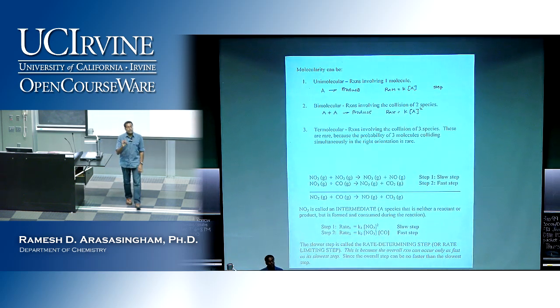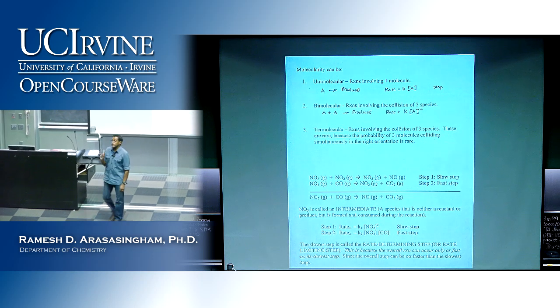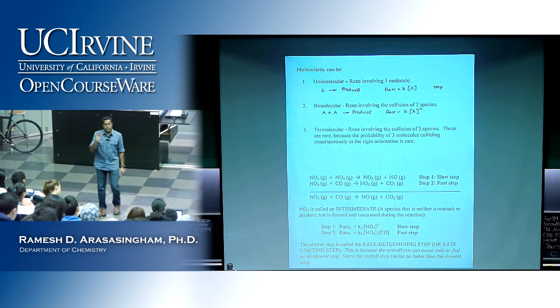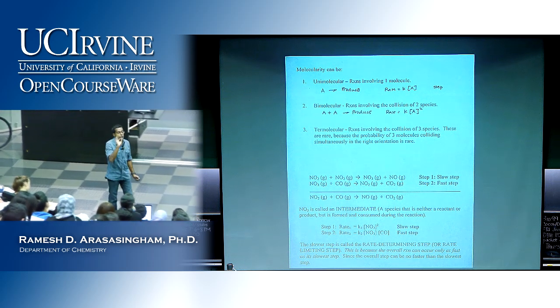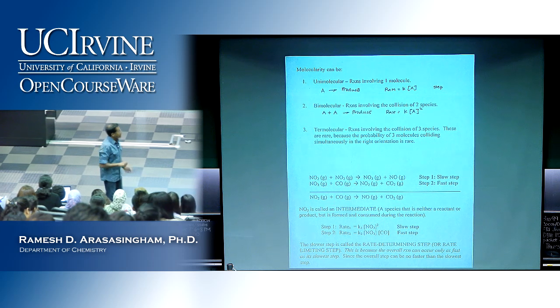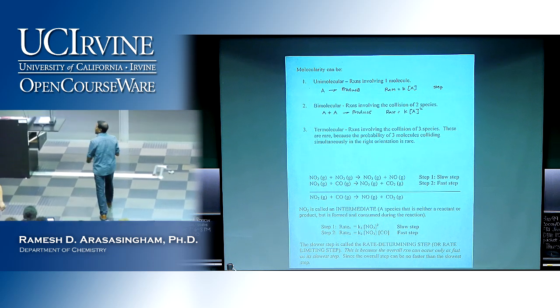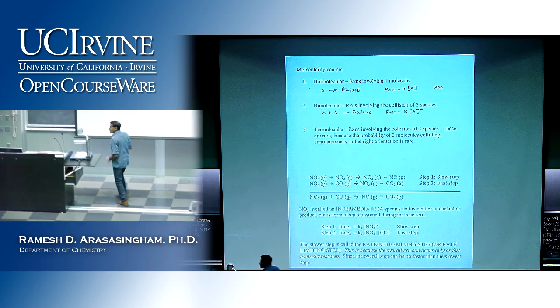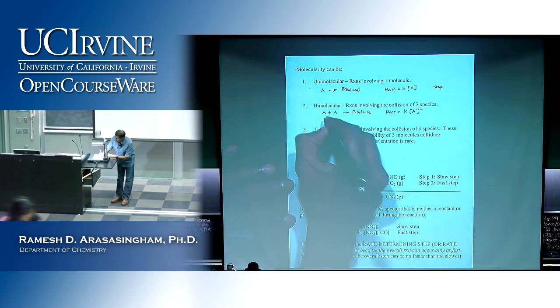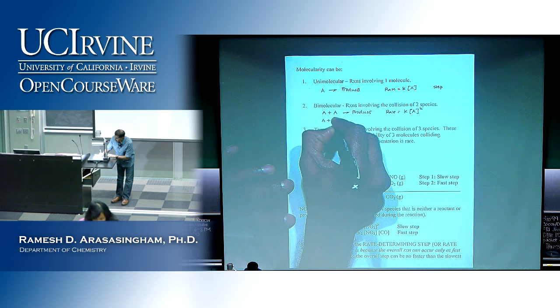And if you look at the rate of this, because it's a bimolecular collision, in a mechanism, for individual steps, the coefficient in the balanced equation gives you the order. All right? So here, it's a bimolecular reaction. Now you can either have the same molecules colliding, or you can have two different molecules colliding like this.